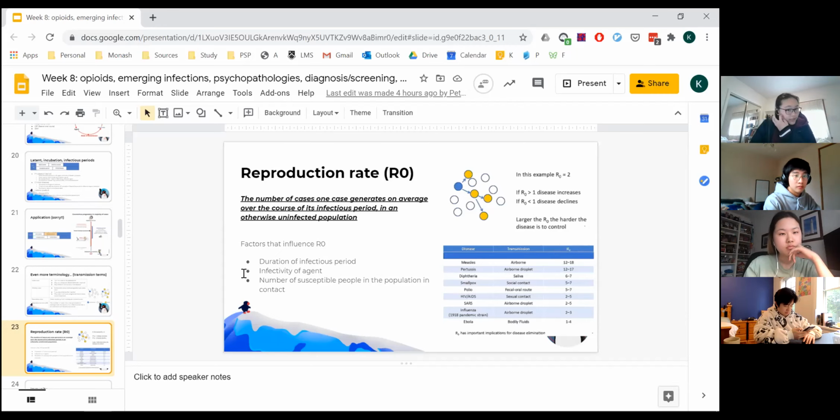You don't have to memorize that, but I think it's pretty logical. And then there's a nice little table showing different R0s for different pathogens. You can see measles is super, super infectious: 12 to 18 cases.